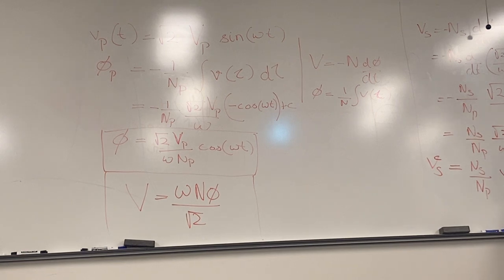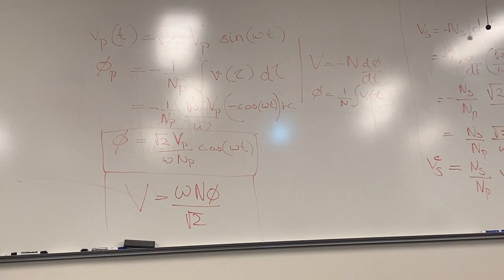And after all this jazz, the main stuff that you need to remember is anytime you have an instantaneous ratio, that ratio would be equivalent to your RMS ratio, and that would be equal to the number of windings of the primary divided by the number of windings on the secondary.